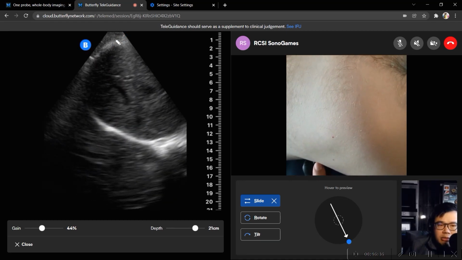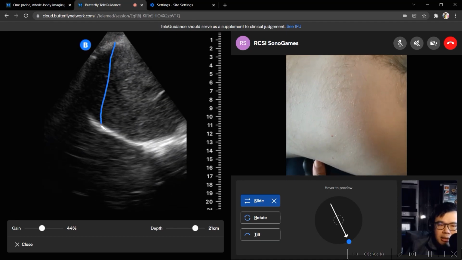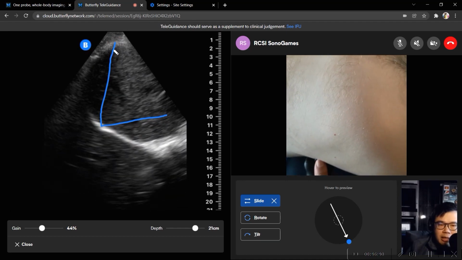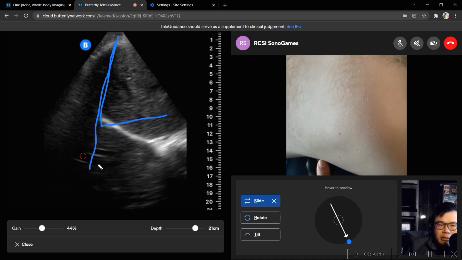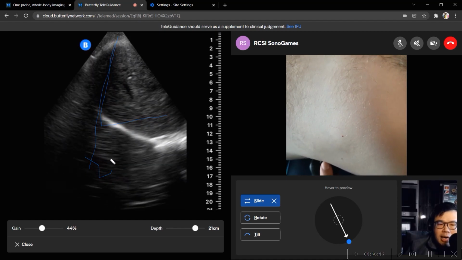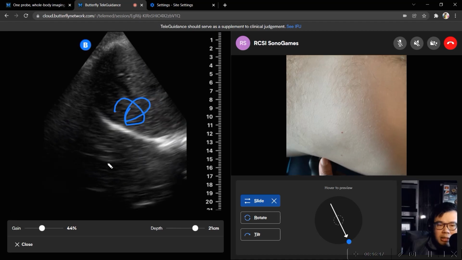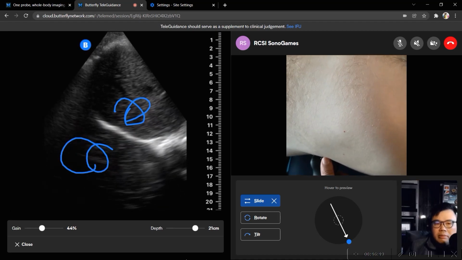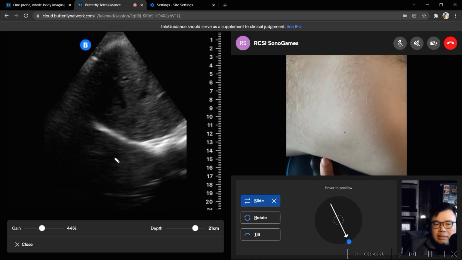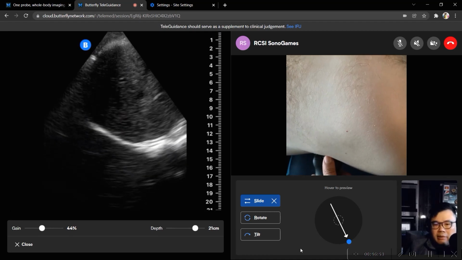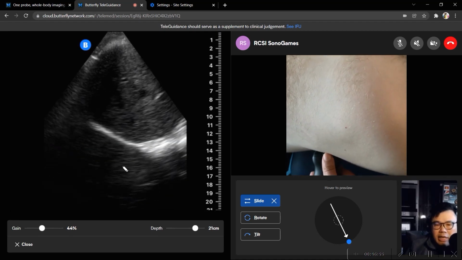But the transducer doesn't know that the sound traveled this way. It thinks the sound traveled straight, and that's why what is appearing over here seems to appear over here. So this is what we call the mirror image artifact. And you demonstrated that very well.